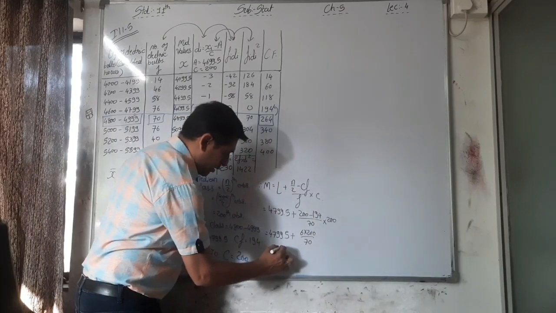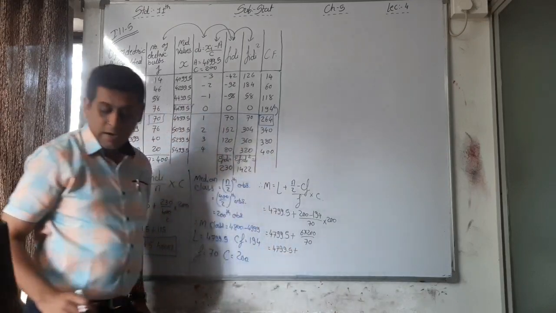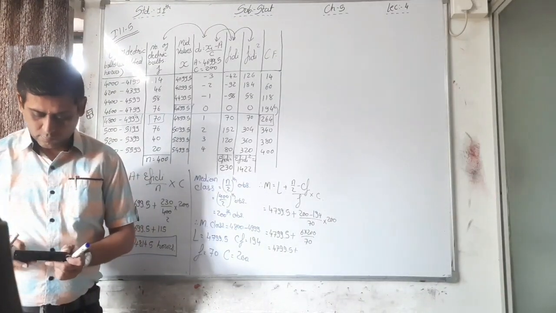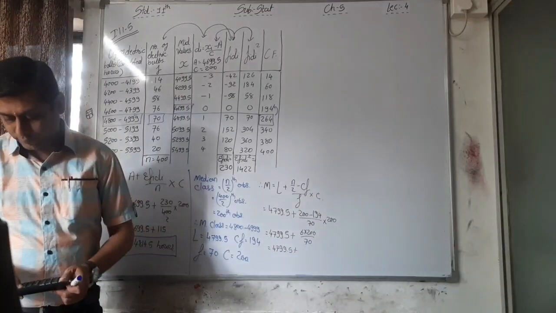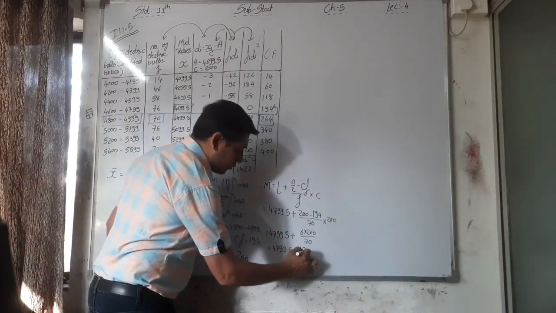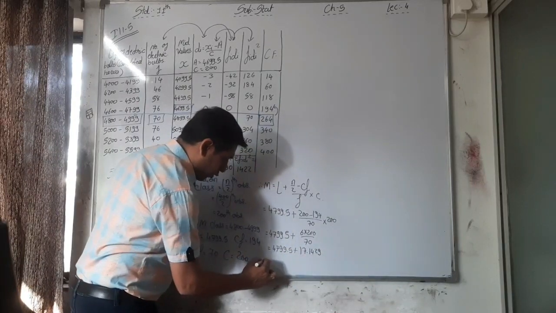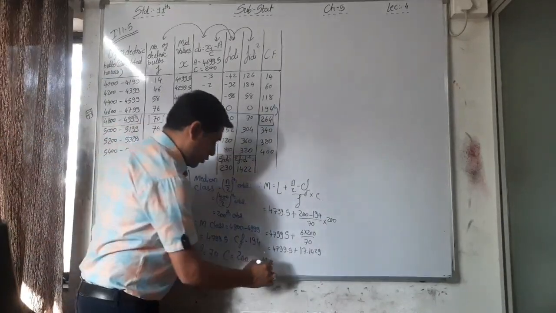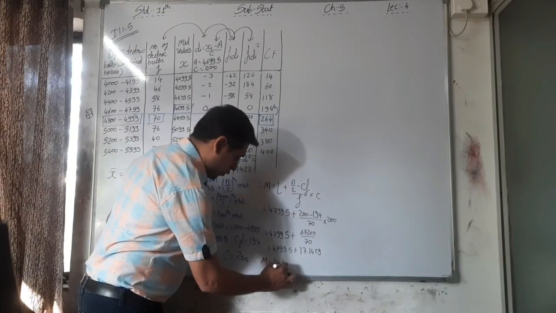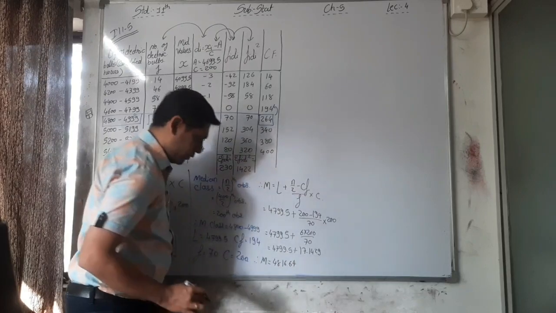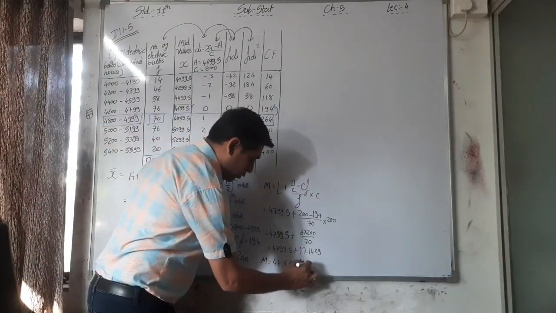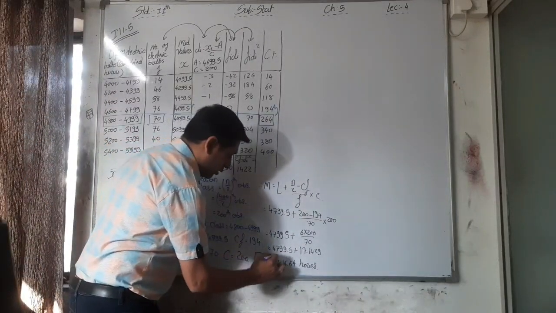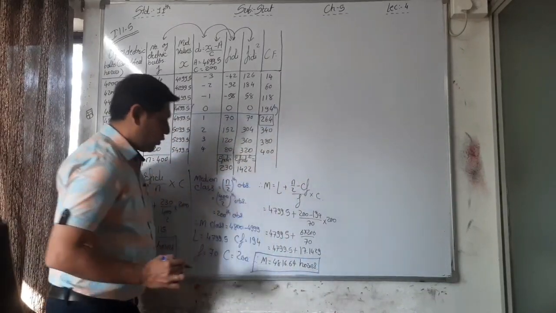So 4799.5 plus 1200 divided by 70, that is 17.1429, and therefore median is equal to 4816.64 hours. Your median is ready.